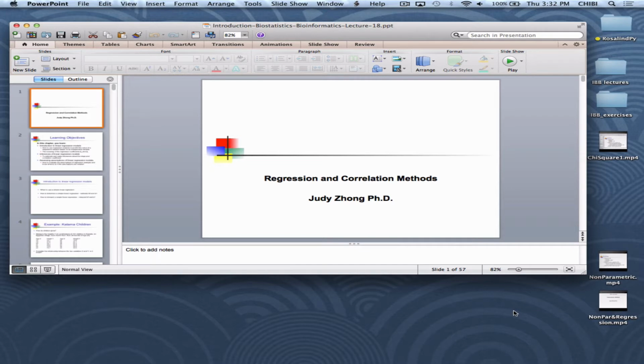For ANOVA, we did not introduce it, but you can look on Wikipedia or do some search, and it is called the Kruskal-Wallis test. Remember, the whole essence of those non-parametric tests is that you take the rank first, and then you calculate your statistic based on the rank instead of the actual value.